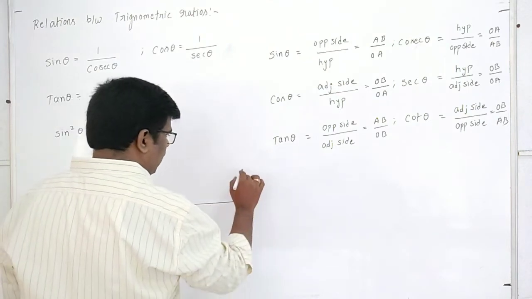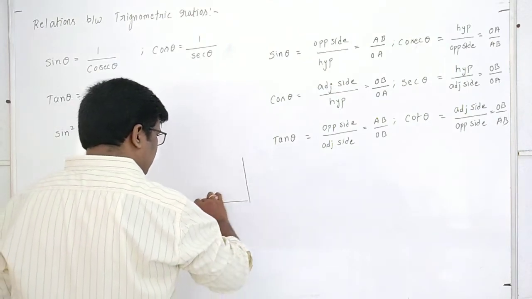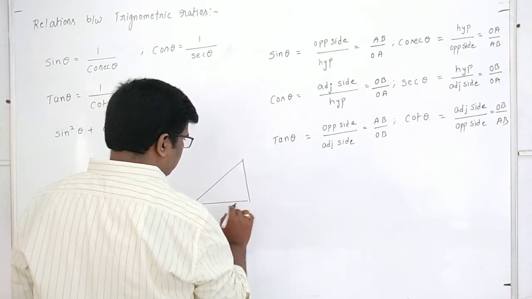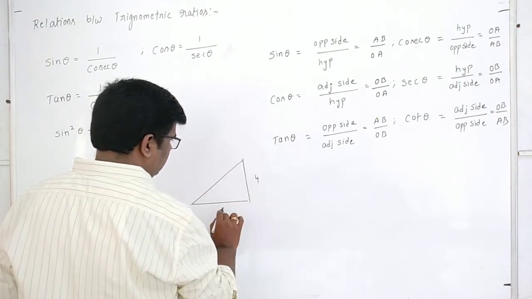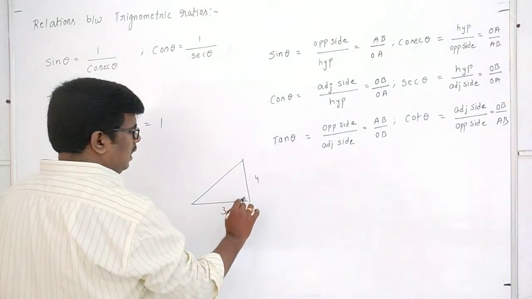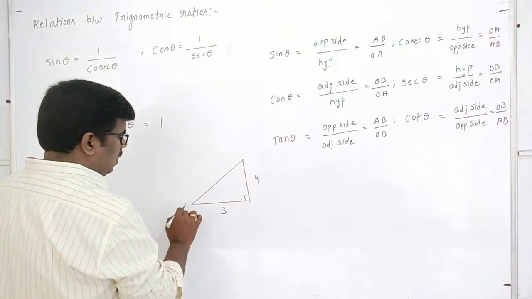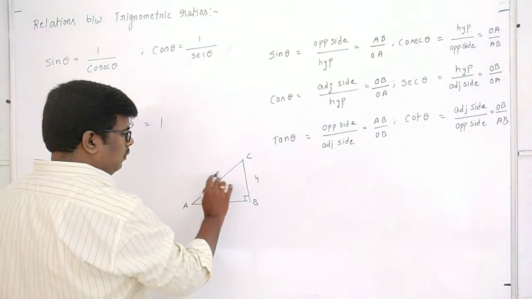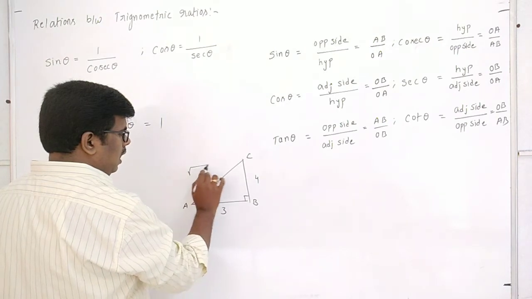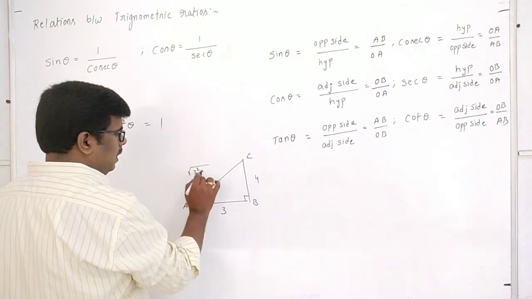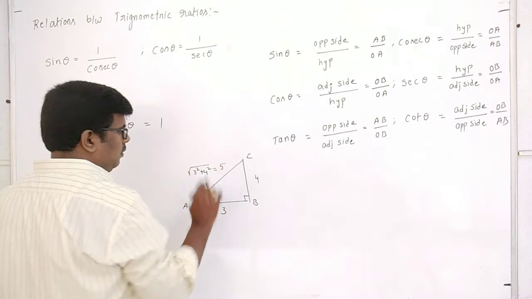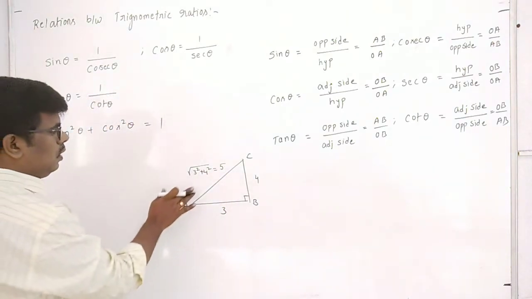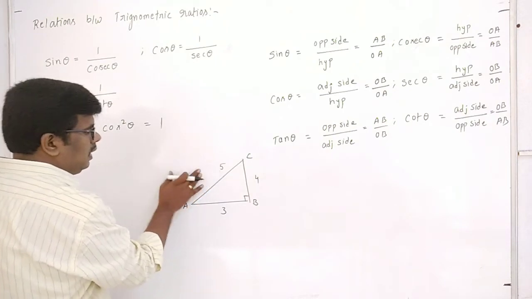In a right angle triangle, if the sides are 4 and 3, according to Pythagoras theorem, if it is ABC, the hypotenuse is the square root of 3 square plus 4 square, root over 9 plus 16, that is 5. So this is the right angle triangle.